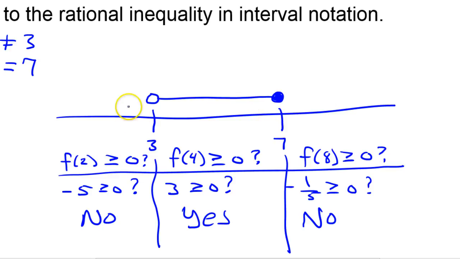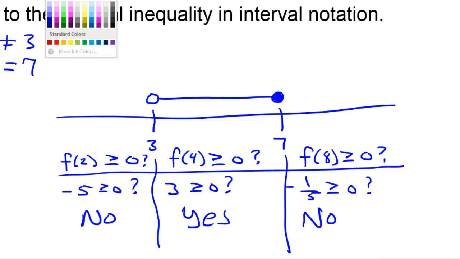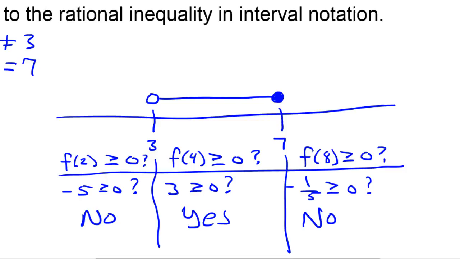So this graph shows my solution set. Now in the end, I'm supposed to write this in interval notation. That means I'll start here with the 3. My solutions go from 3 to 7, so I'll just wind up putting 3, 7.